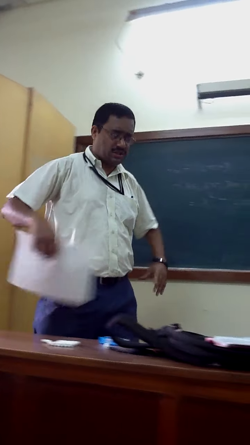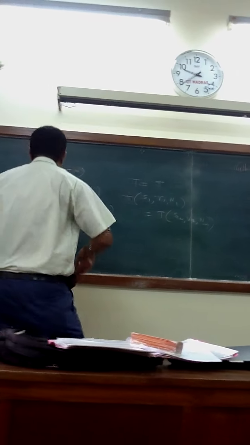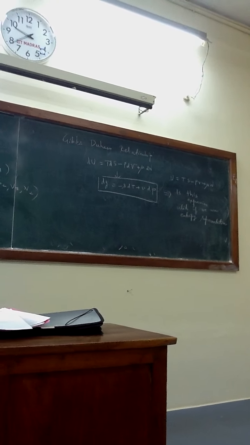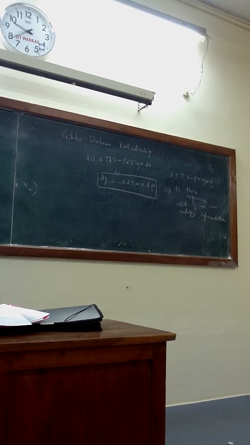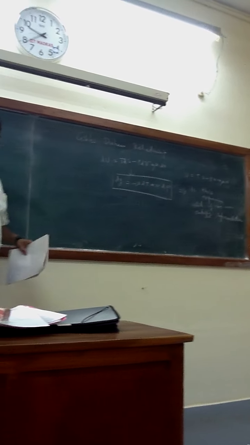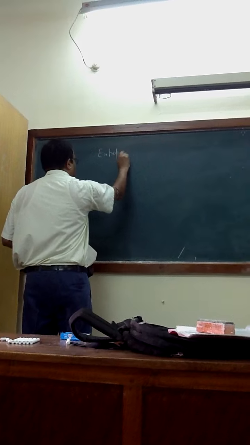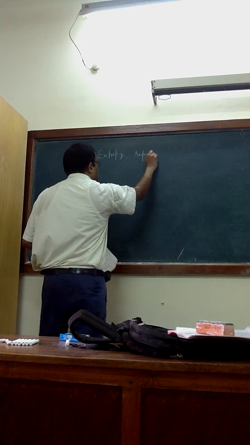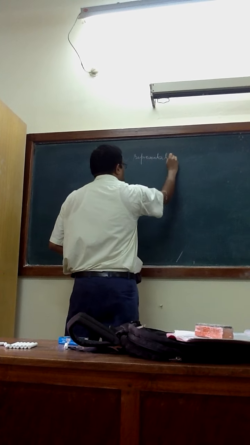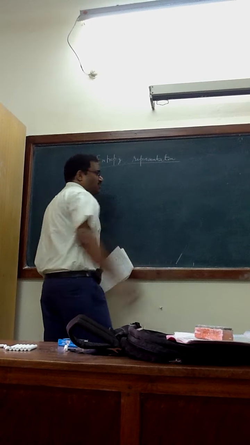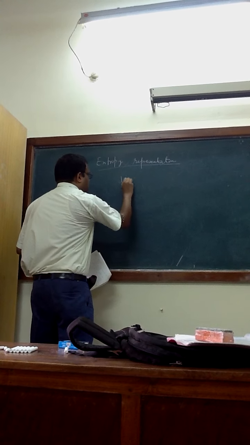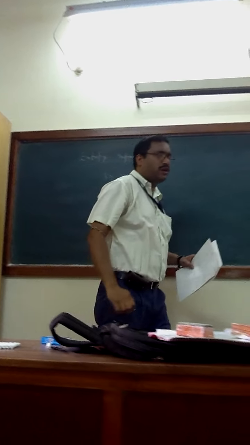What is the entropy representation? Let me look at it. The entropy representation of the combined first and second law, which is what? dS equals to, any volunteers?